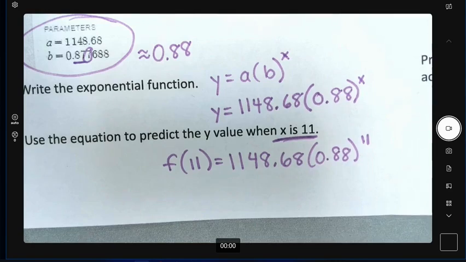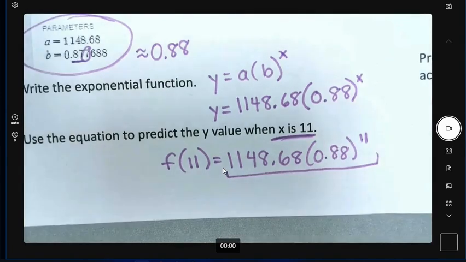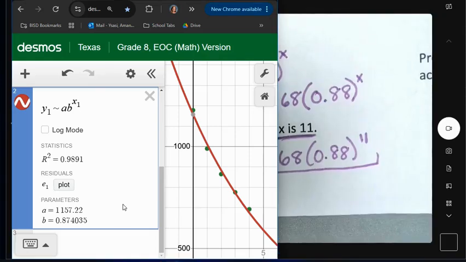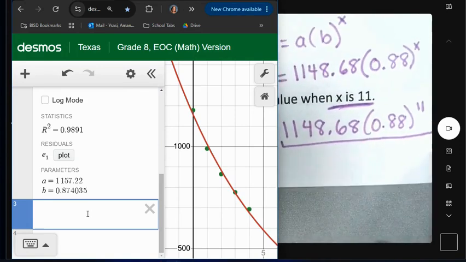All right, so go to Desmos and just type this in. I'm only going to type in the right-hand side. F of 11 is just the name of the function. So right here, I'm going to put this in there.